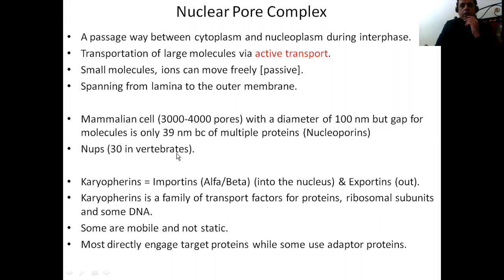So these porins have a larger diameter on the upper side, but when these proteins come in different forms and attach to each other, on the inner side the pore size is only 39 nanometer, which doesn't allow many substances to get through it. So many of the substances which would get through the pores would need some kind of help from other sources, or very big substances may not enter into this.